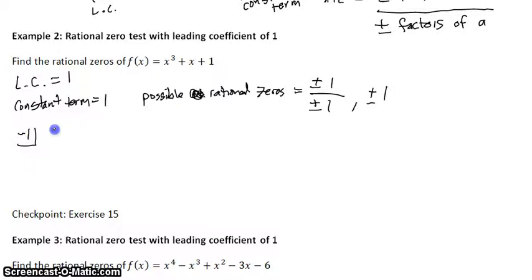So I'm going to use synthetic division and check. So I'm going to write this down. I didn't get a remainder of 0.